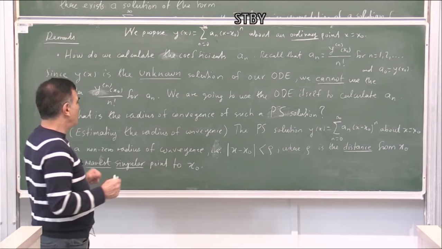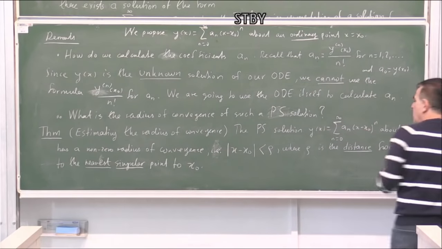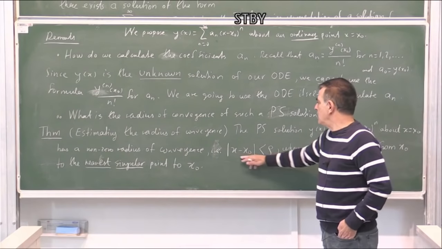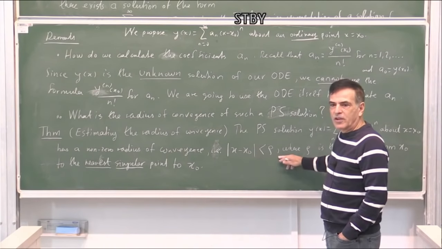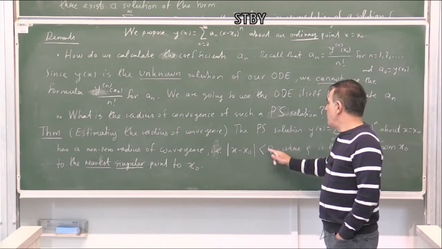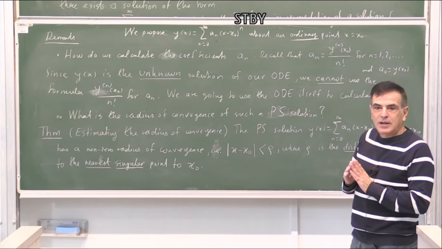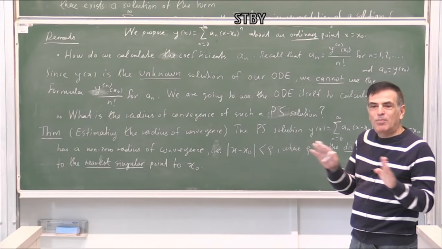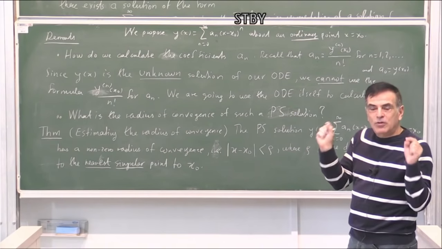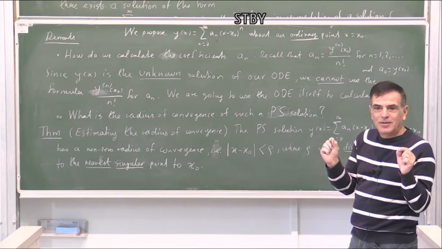So this power series around x0 is convergent in this real x interval with radius rho, where rho, the radius of convergence, can be determined by inspecting the singular points of the differential equation and finding the singular point which is nearest to the point x0.